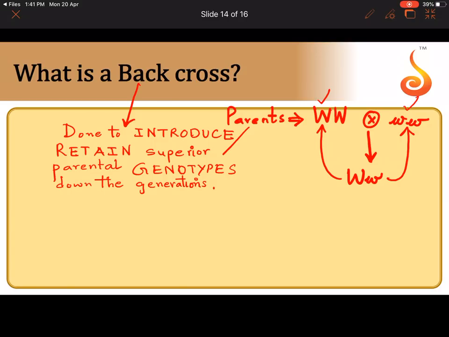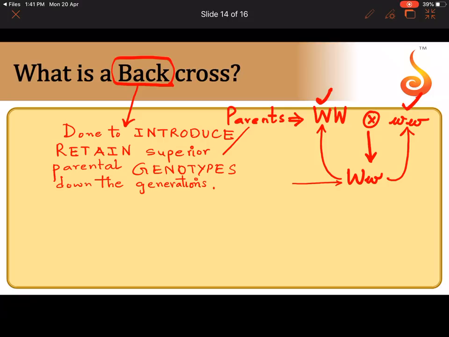Are you understanding? There's something with the parents which you want to keep passing down the generations. So therefore you keep going back to the parents. See the word used here. You keep going back to the parents. Back cross. Either the dominant parent or the recessive parent.